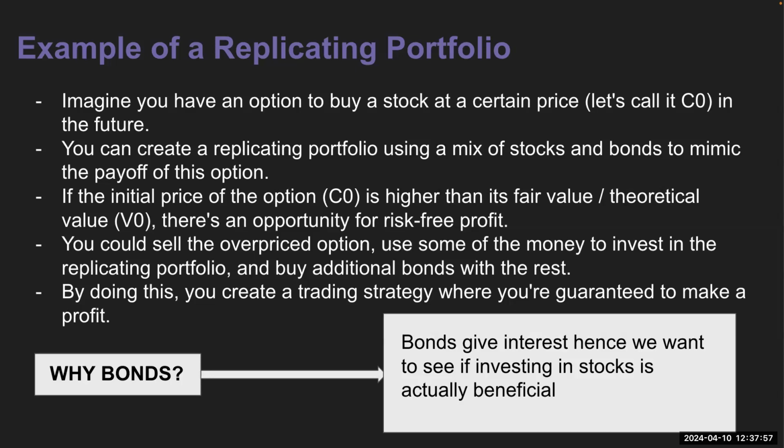So that is my C0. So we're on the third bullet point right now. C0 is the initial price of the option, but V0 is the price you think is supposed to be the actual price. So you could sell the option. For example, my C0 is $100, but my V0 is $80.